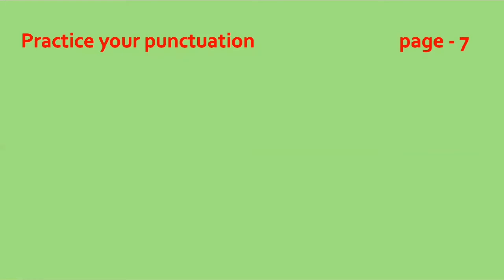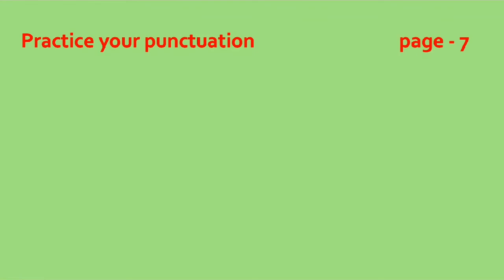Now let's begin with the first sentence. Read it with me. One day a farmer was digging his field. What do you feel is wrong in this sentence? Yes, the O, the first letter of the sentence, is written in small.